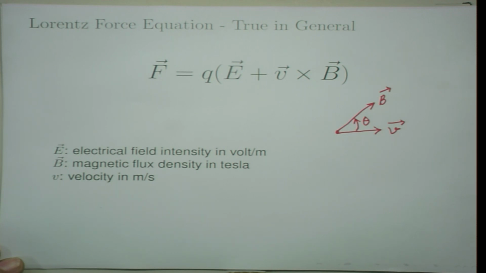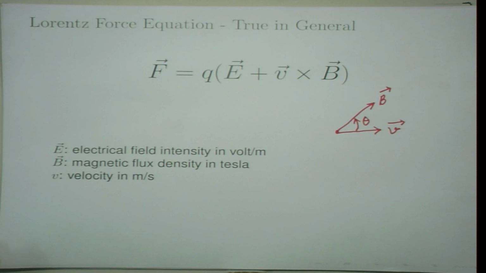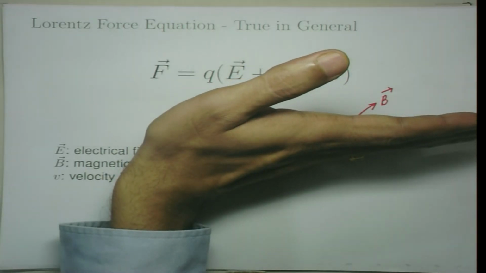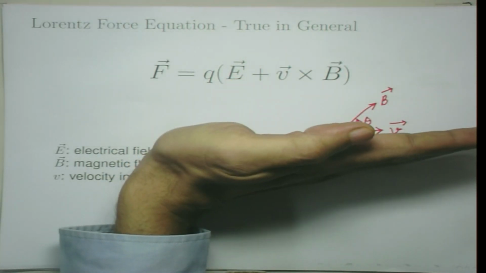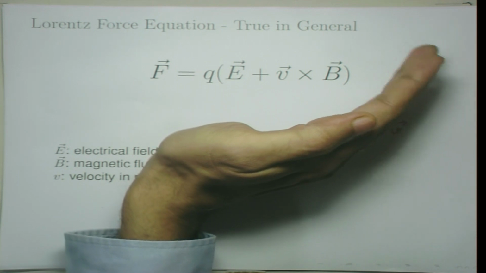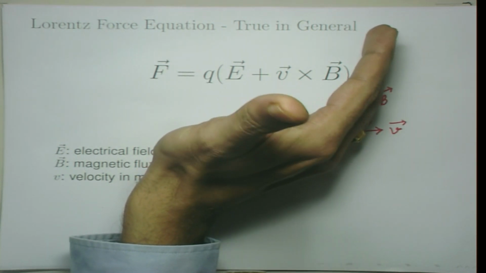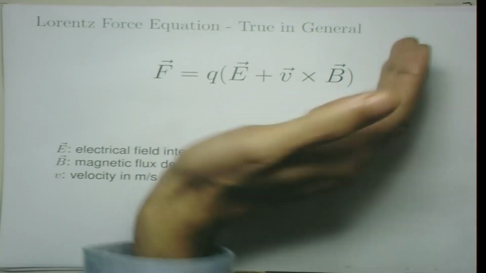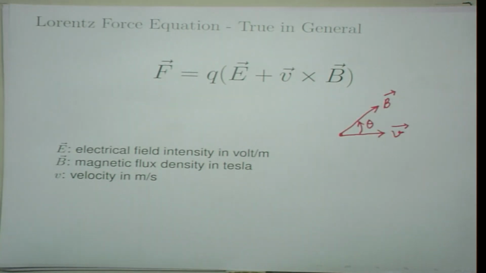Well, the magnitude of v cross B is vB sin theta, and the direction is given by the well known right hand convention, that is, you take your right hand and place your fingers along the first vector, that is v, and then move towards B, and the force is then in the upward direction. This is called the right hand convention for the cross product.